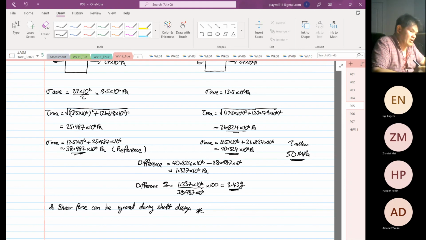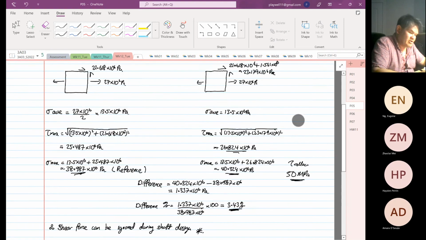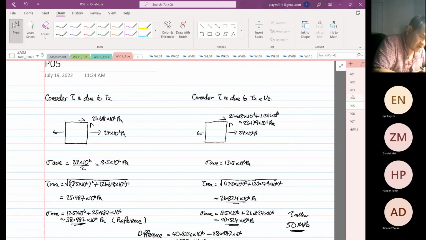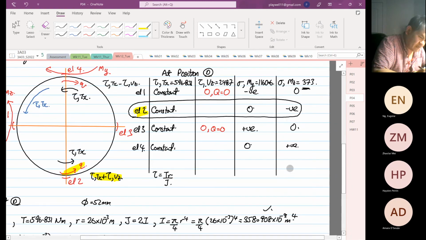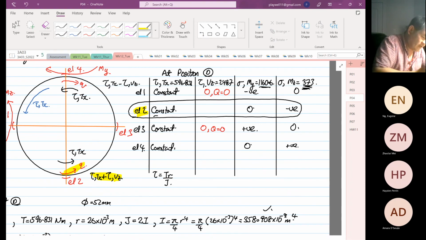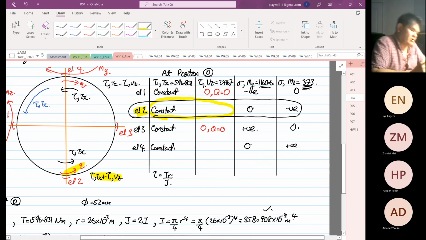The reason is that we have selected based on the 323 and not the 116.06, because we want to see the effect of with and without the shear force.